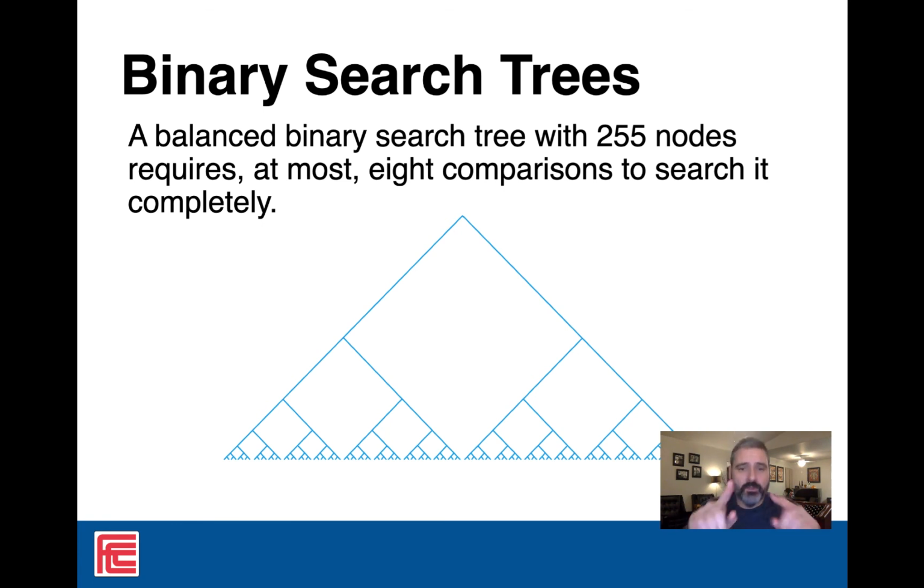And by the way, if you were to look at the very bottom, those tiny little children at the bottom of the binary search tree, there's 128 of those, which means that the next thing, if we were to go on, at most 9 comparisons, we would be adding another 256 nodes, almost doubling the amount of nodes that we have just with one more comparison.